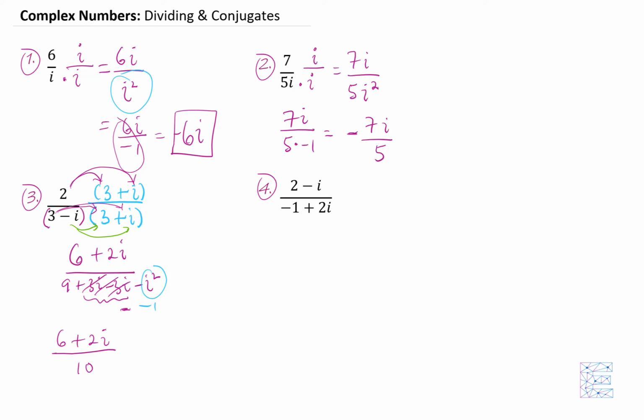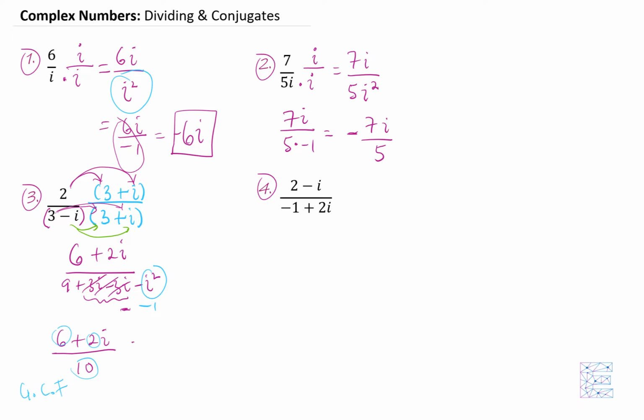So in some cases, you might see this as an answer choice, but in all honesty, this is not fully simplified. The reason why that answer is not fully simplified is because there's a number that goes into 6, 2, and 10. In other words, they have a greatest common factor. And anytime you have a greatest common factor, you want to simplify further.